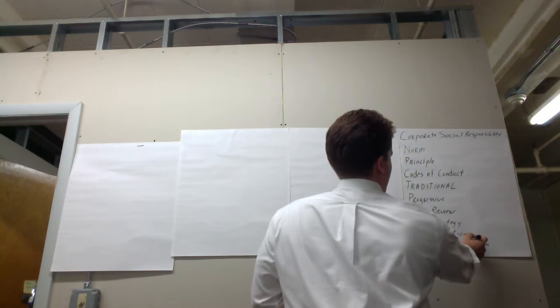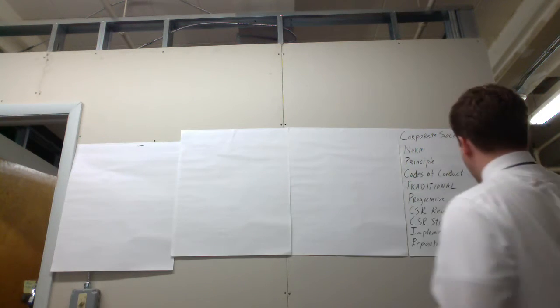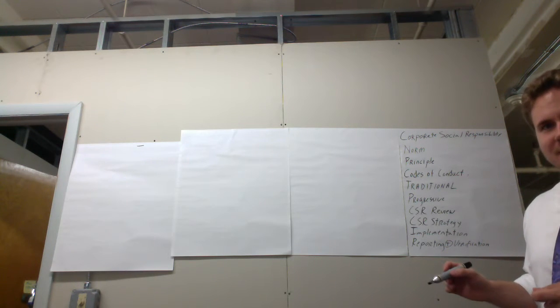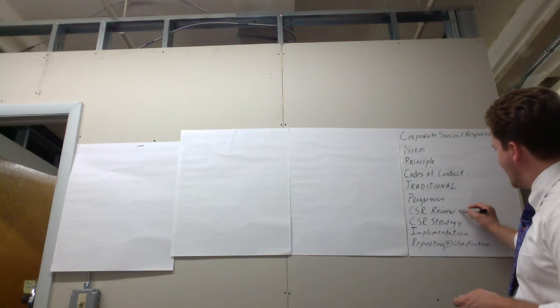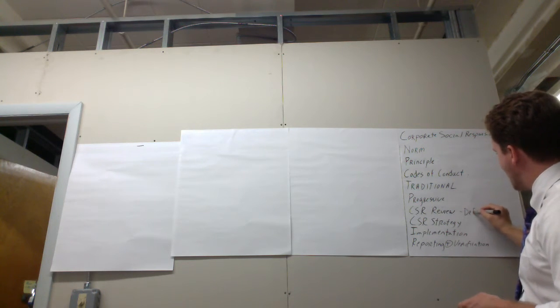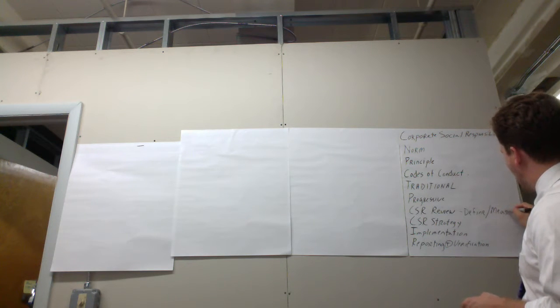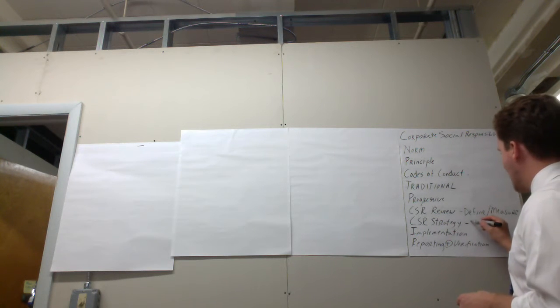For those of you who have any experience with Lean Six Sigma, you're going to actually notice that this process is very similar. It's not really all that unique to CSR. So this CSR review, that would be like your define phase, as opposed to define and measure. Your CSR strategy will be like your analyze.